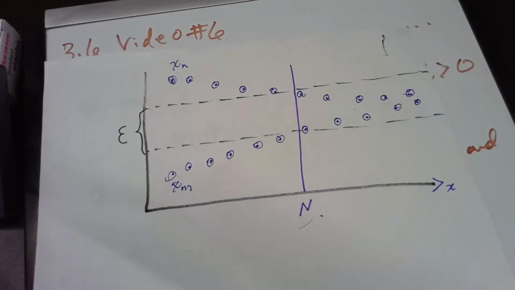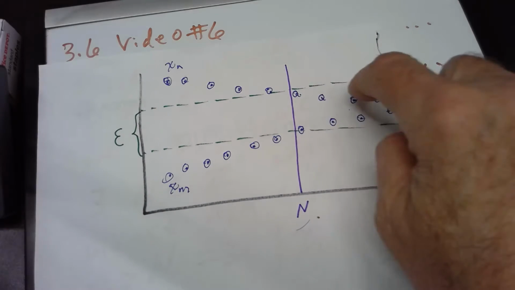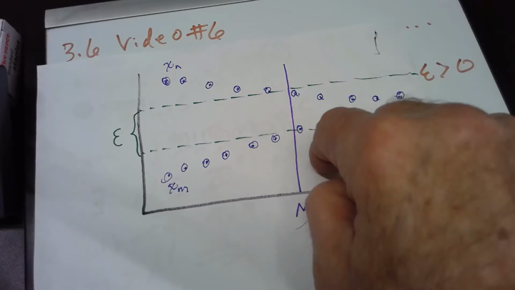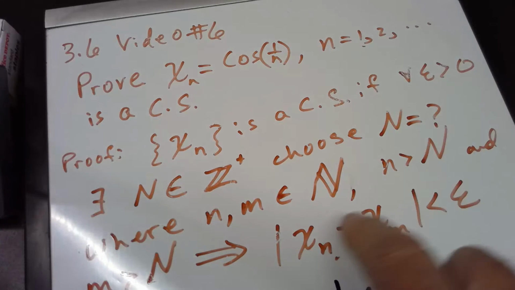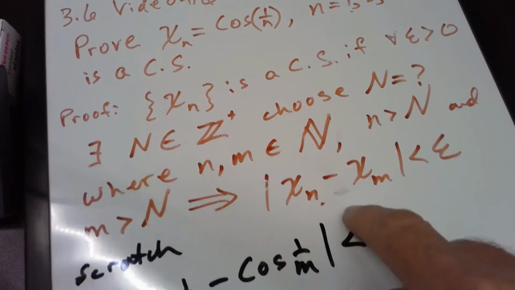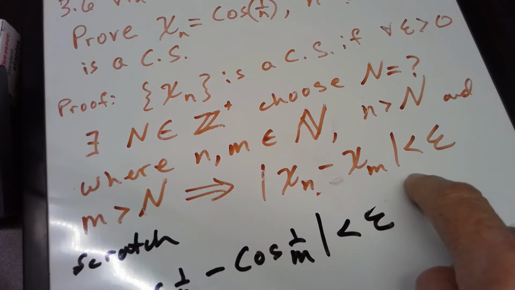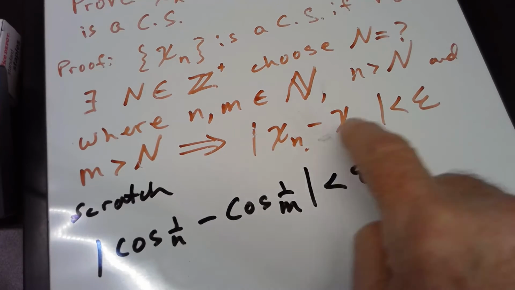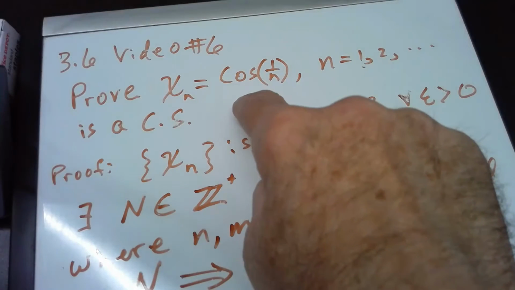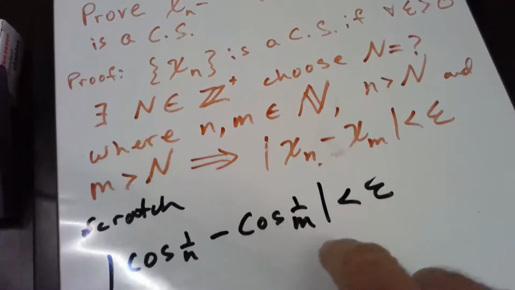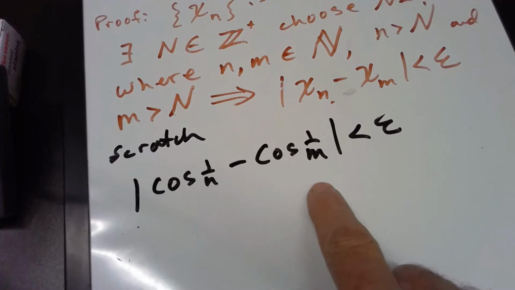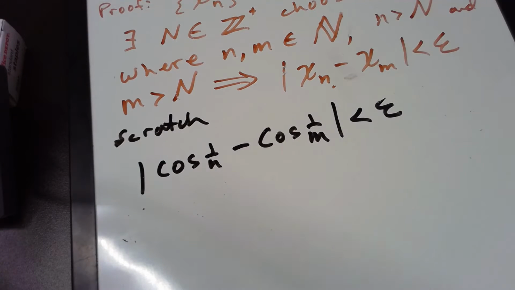So we're talking about x sub m or x sub n, where m and n either way are greater than this number N here, and that implies the absolute value of x sub n minus x sub m is less than epsilon. So we substitute in for x sub n cosine 1 over n, and for x sub m we substitute cosine 1 over m, and that's less than epsilon.